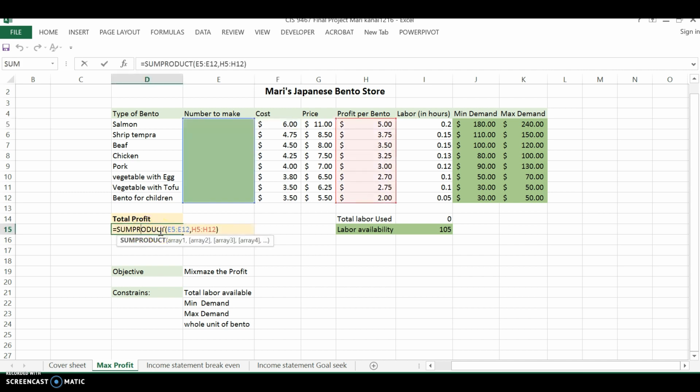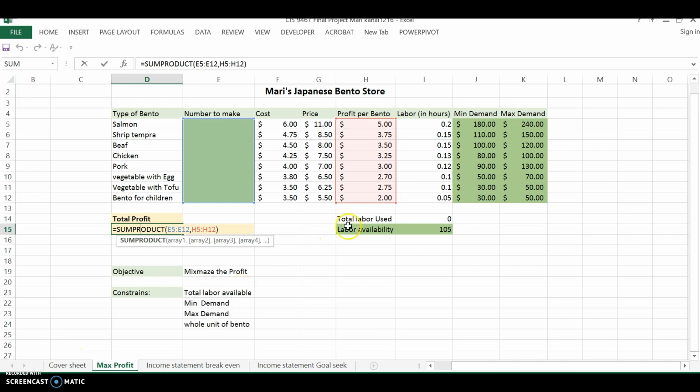The profit is comprised of the sum of profit per bento times the number of bento to be made. I want to maximize profit by changing the number of bento to make. There are several constraints. The bento should be whole numbers.